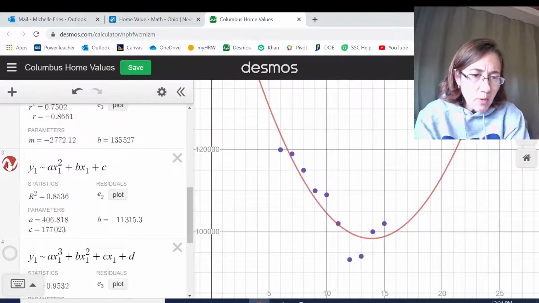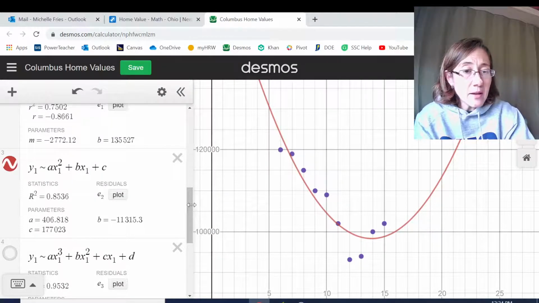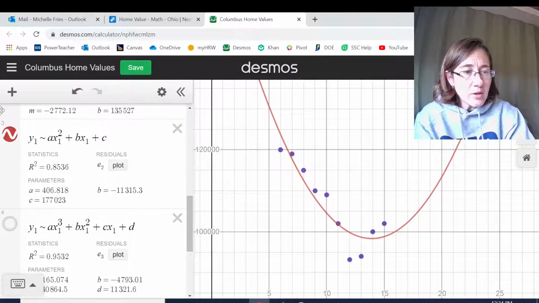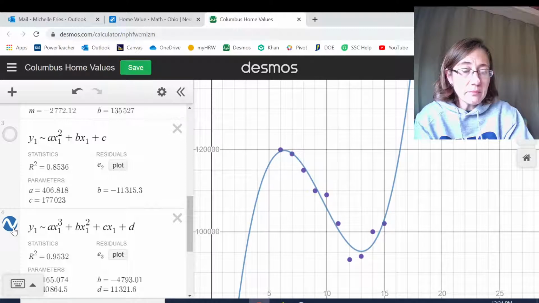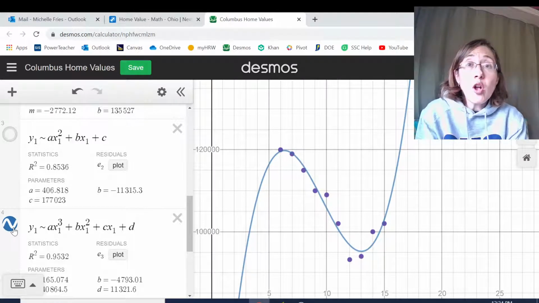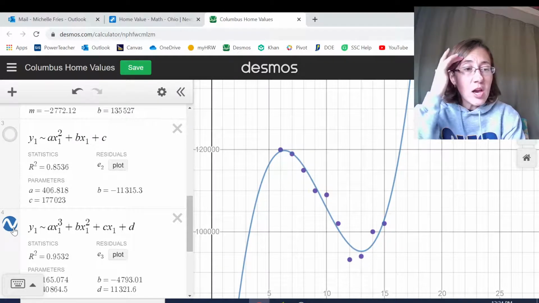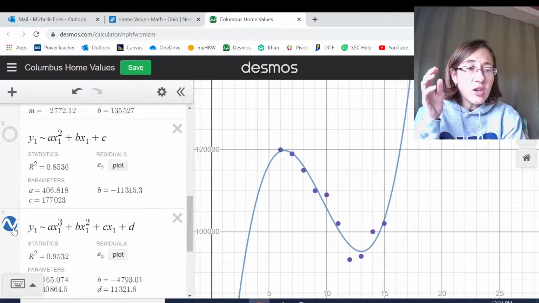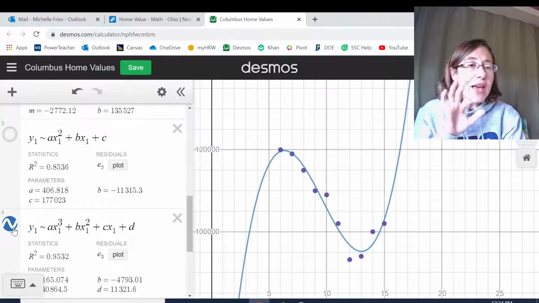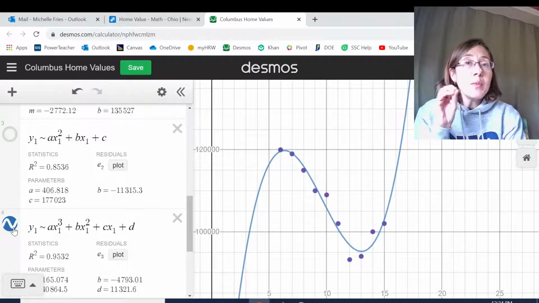So I'm going to look at what the cubic would be. So I'm typing this cubic. Here, I'm going to turn the quadratic off for a minute. Turn the cubic on. So I'm typing the cubic also in standard form, so you're thinking y equals ax cubed plus bx squared plus cx plus d. So the a and the b and the c and the d will be numbers.